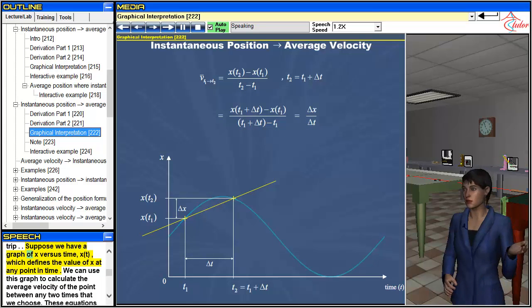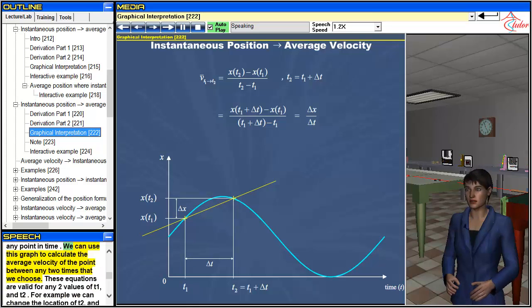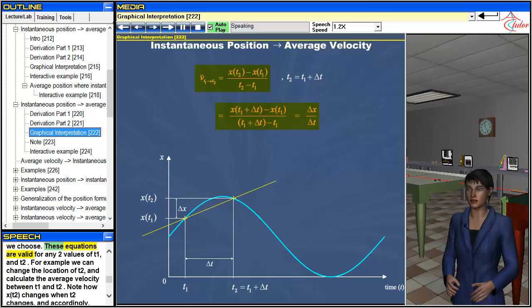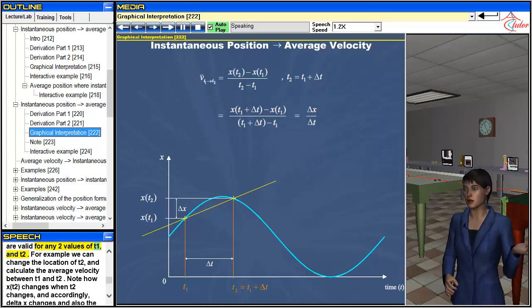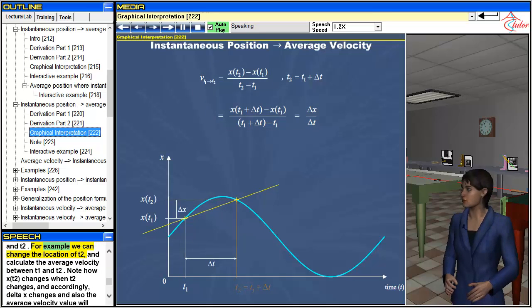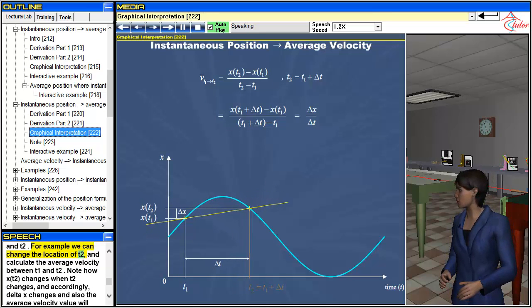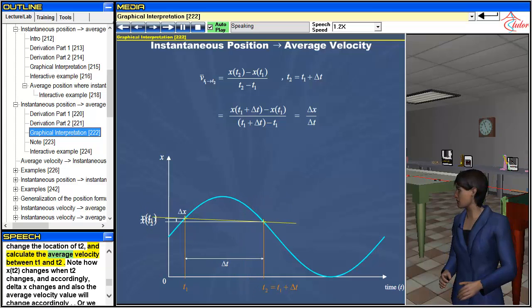Suppose we have a graph of x versus time, x of t, which defines the value of x at any point in time. We can use this graph to calculate the average velocity of the point between any two times that we choose. These equations are valid for any two values of t1 and t2. For example, we can change the location of t2 and calculate the average velocity between t1 and t2.